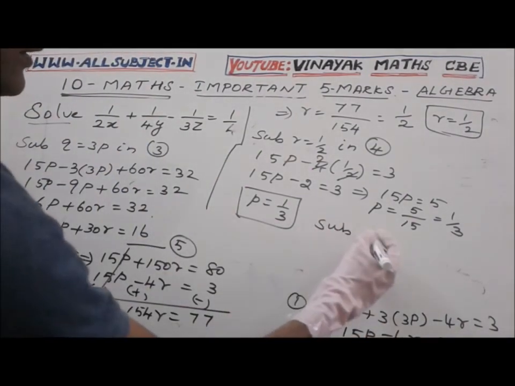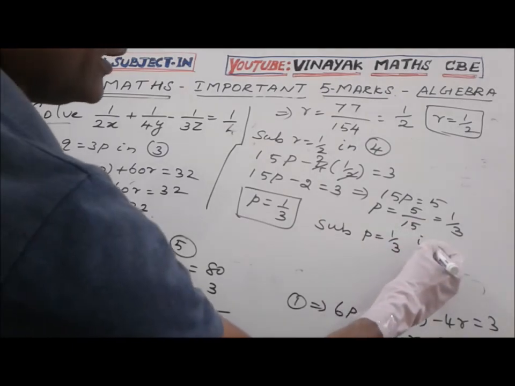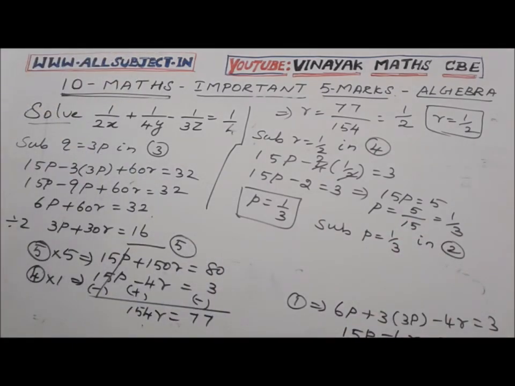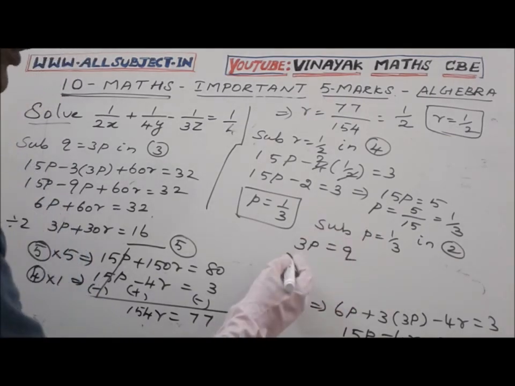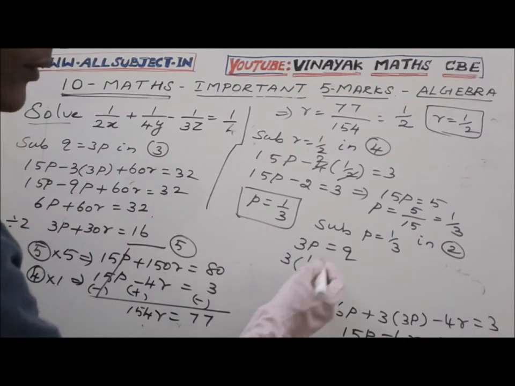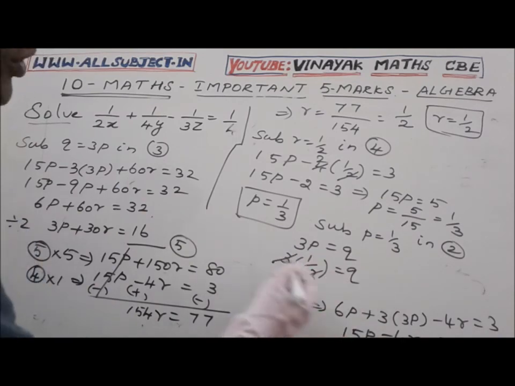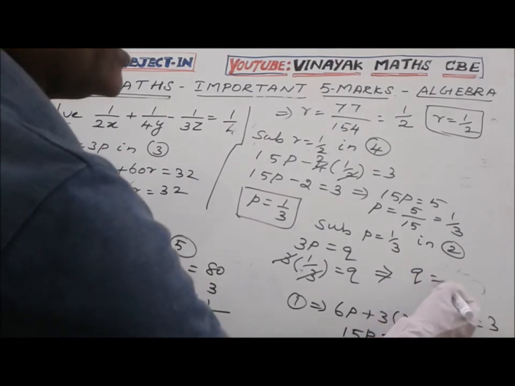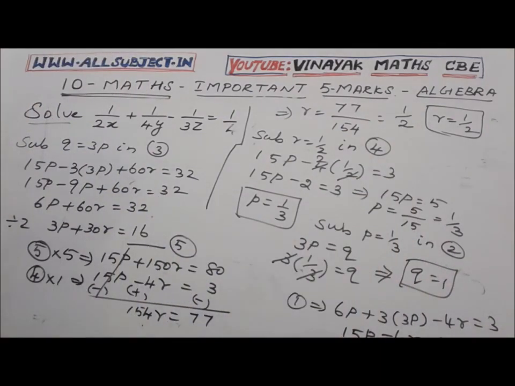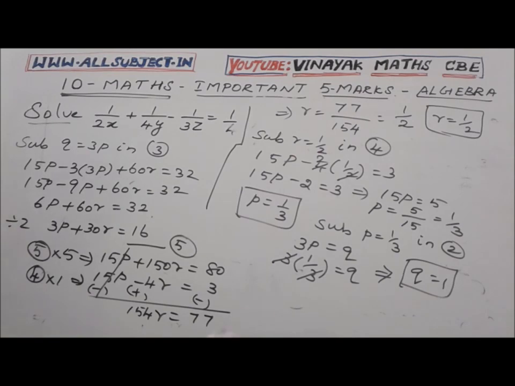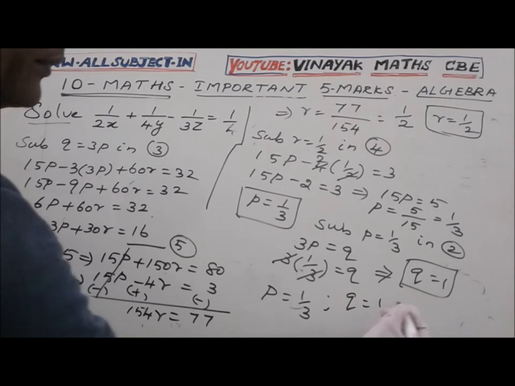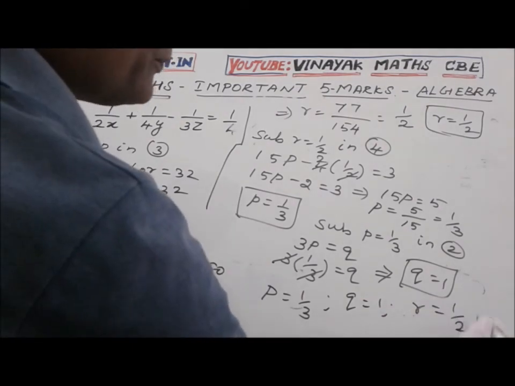Substitute P equal to 1 by 3 in equation number 2: 3 into 1 by 3 equal to Q. Cancel these two, which implies Q equal to 1. So P equal to 1 by 3, Q equal to 1 and R equal to 1 by 2.